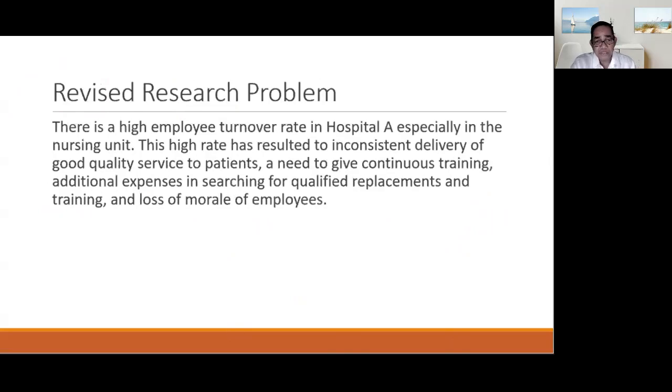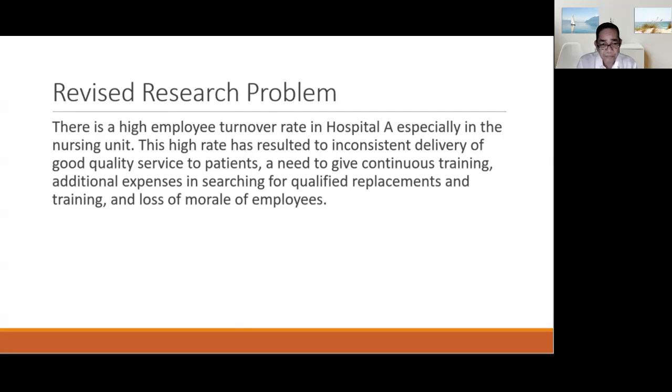And so I talked to the one who made this. She is a nurse taking up a Master of Arts in nursing, and she consulted with me, and I talked about the meaning of a research problem.